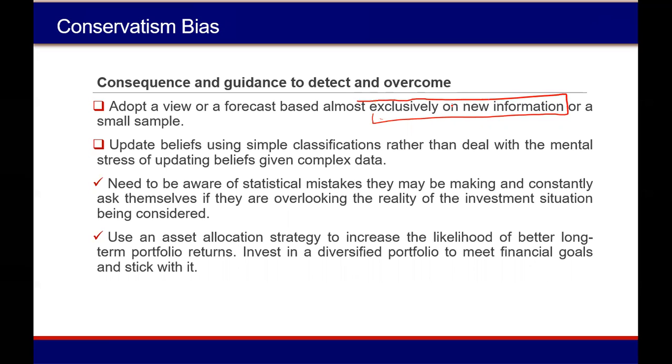That is why people do not look at the base information, the long history, because there is a mental stress when you go for updating complex data, a long history, 50 years. You may not feel good, or it will take much time, and you want to employ less effort.